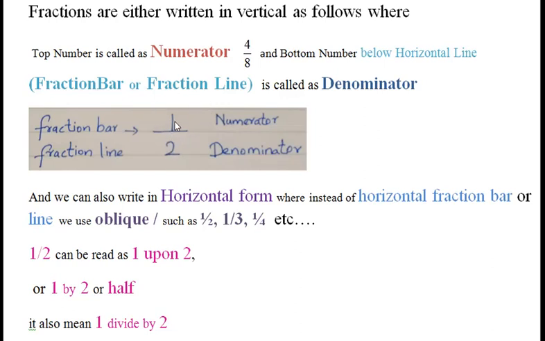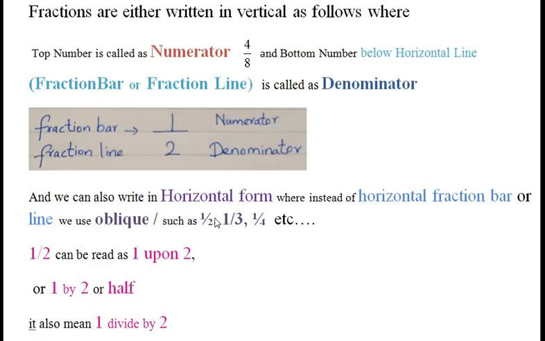So in numerical form, we write like this. 4 out of 8 portions are shaded. This is how we write in vertical form, and in horizontal form we write the same way, but an oblique or slash is used over here.